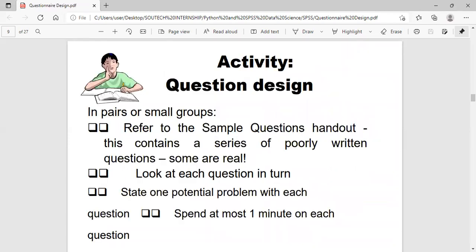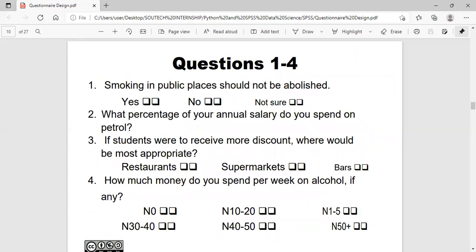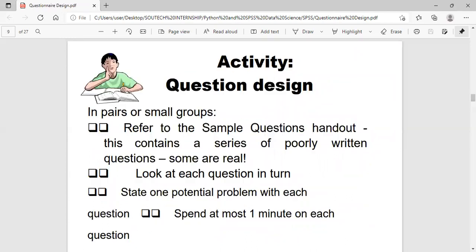Next, we have activity question design. In slide 9, we're going to see the instruction. Yes, these are assignments, these are activities to help you improve based on the explanation you have been given. Slide 9 is the instruction.